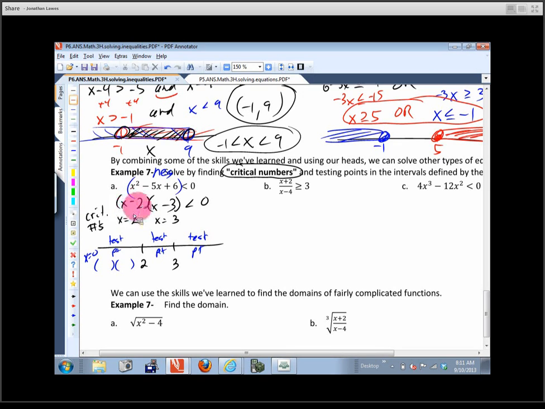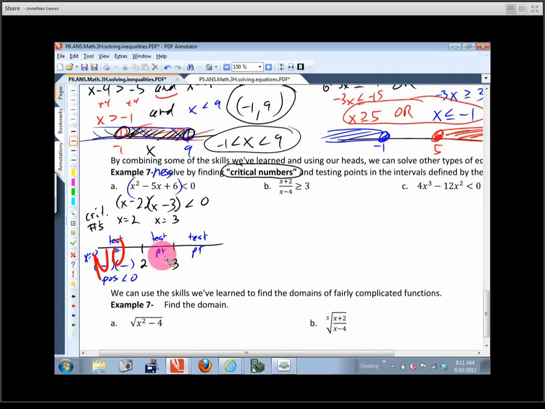You get -2, don't you? Well, what we care about is that it's negative. And if I plug in a 0 here, it happens to be -3, but what we really care about is that it's negative. What is a negative times a negative? A positive, okay? So is a positive less than 0? Nope, okay? So we don't get any answers there.